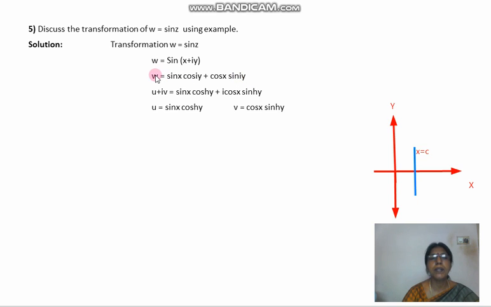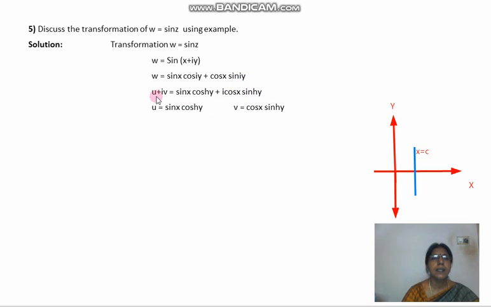In place of w on the LHS put u + iv. Sin x as it is; cos iy is cosh y. I have already told you in the last classes, cos iy is cosh y, sin iy is i sinh y. So substitute sin x cosh y, then cos x sin iy means i times sinh y.